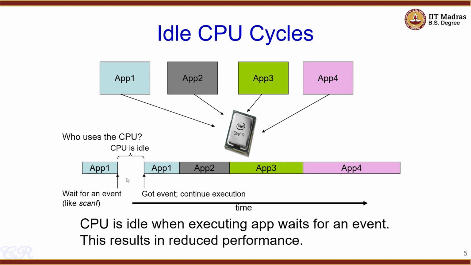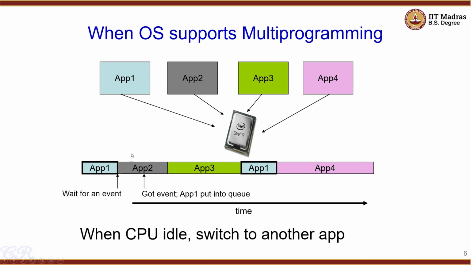One of the solutions is the following. Application 1 executes as before, and when it hits the scanf, it is waiting for an event. Now your operating system kicks in and knows that application 1 cannot execute further until the event is obtained.